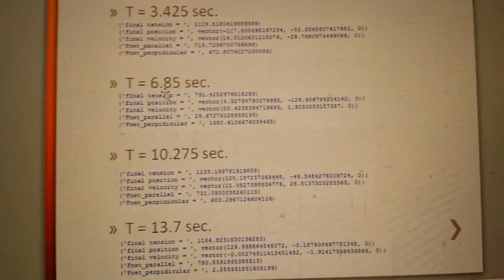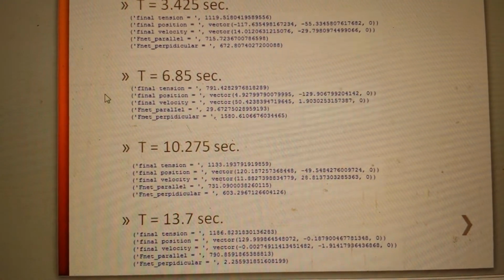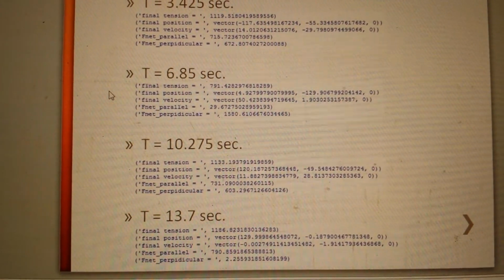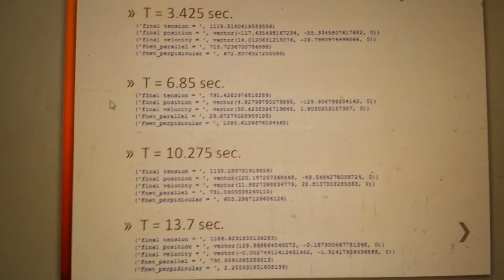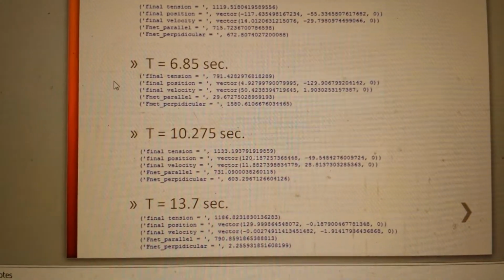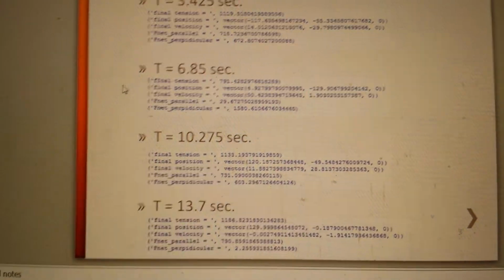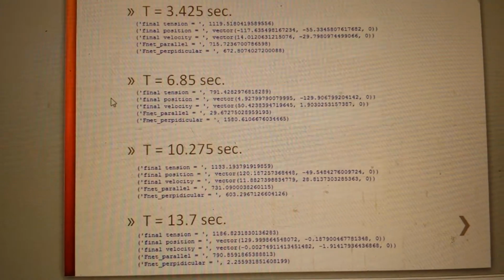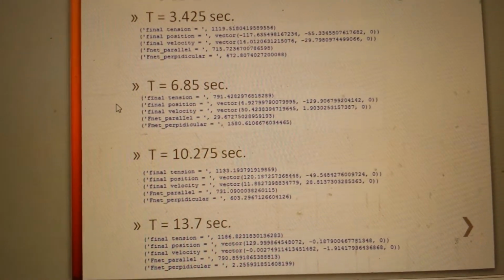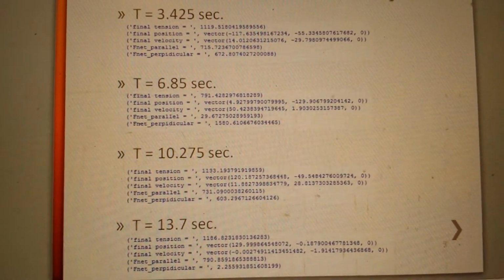And by doing that, you can look at the final tension, and you can tell that the 6.85 is respectively lower than all the other tensions, which was around 1,000. And this makes sense because 6.85 is when the person is directly below the center of attachment, and there is not acting against gravity.